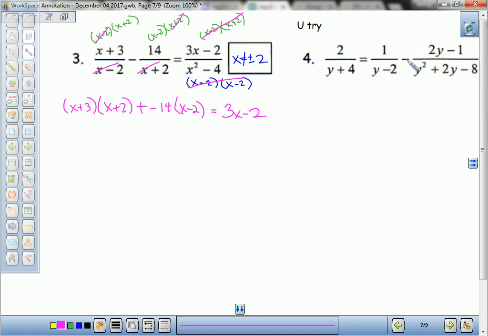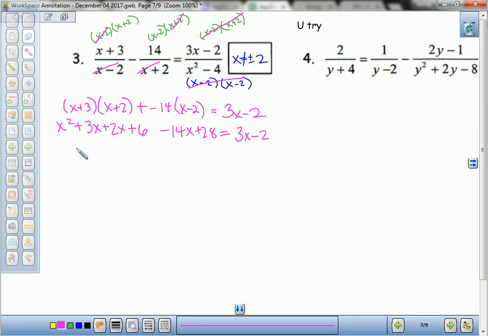But right here, there's multiple terms, so we must make a change there, right? Okay. So we're going to distribute, and we get x squared plus 3x plus 2x plus 6 when we distribute. And then here we get a negative 14x plus 28.